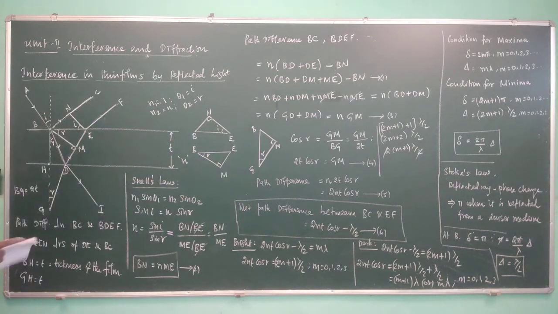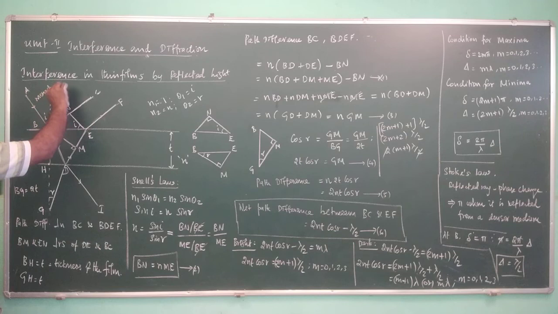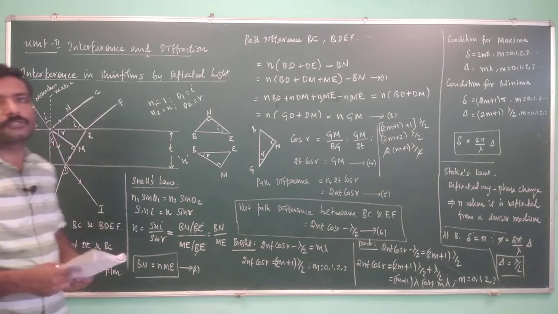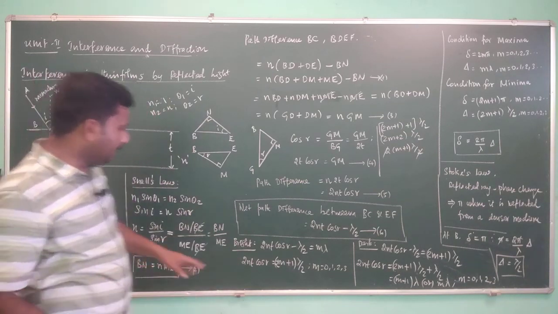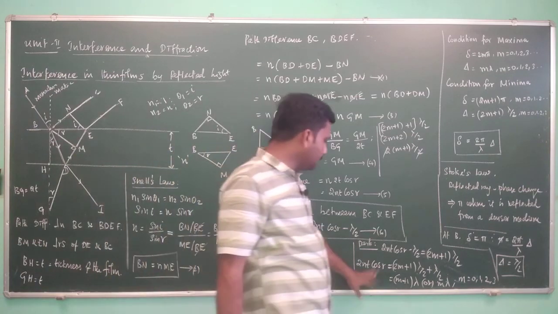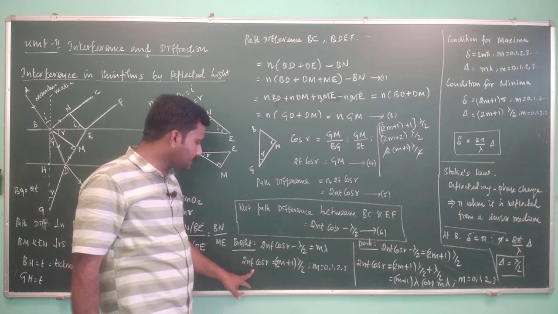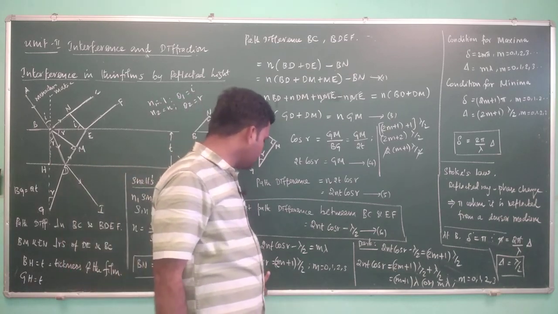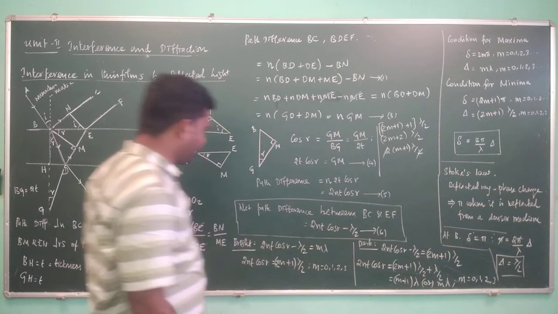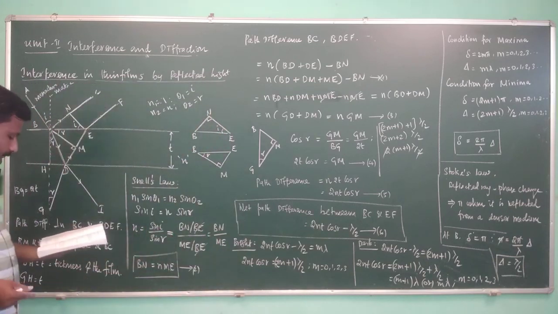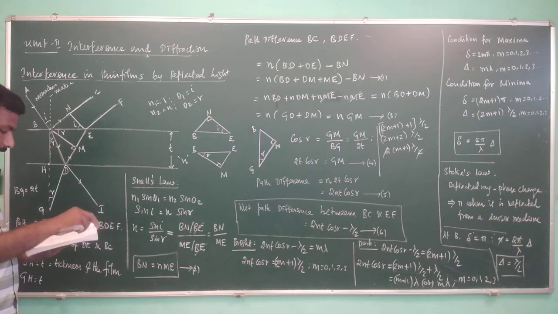Okay, see here, this light is a monochromatic light. It has a single color, right? Suppose this light is a white light, right? See here, the occurrence of bright or dark depends on refractive index, thickness, angle of refraction, and wavelength.